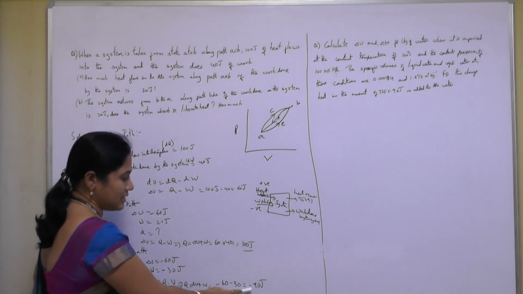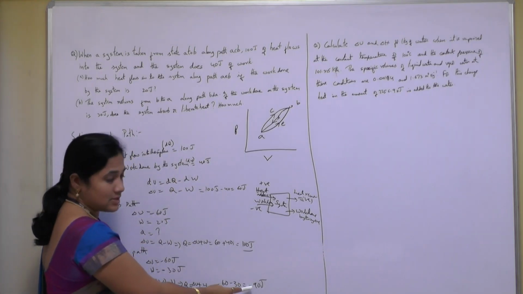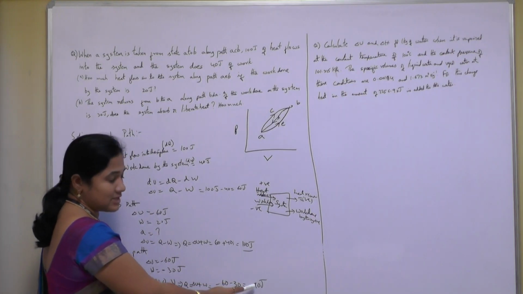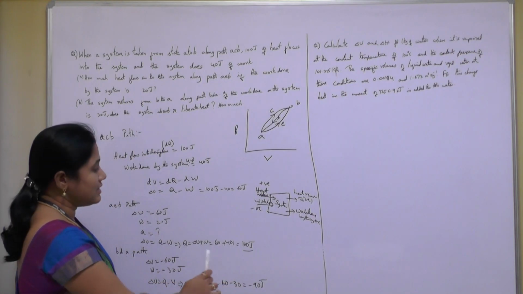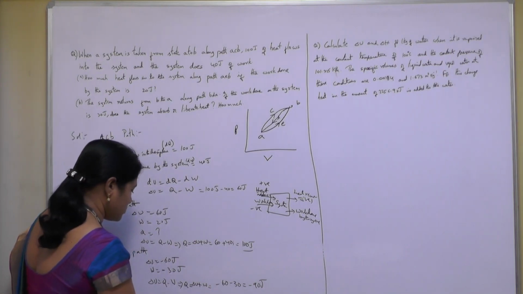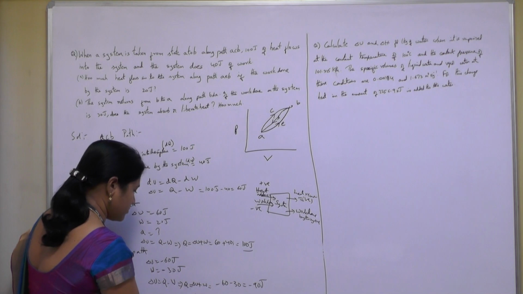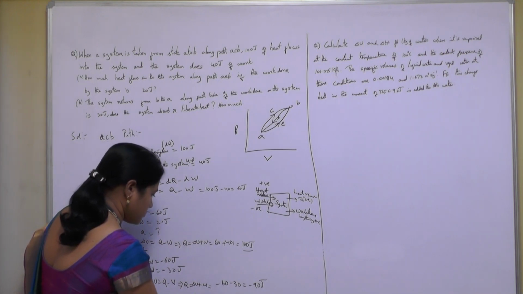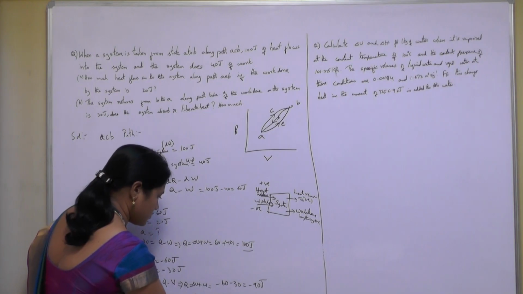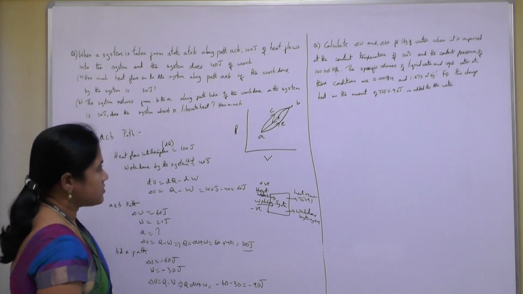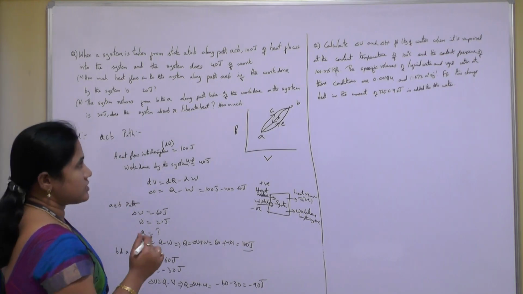The negative sign appears, which means heat is removed from the system. 90 joules of heat is removed from the system. So this is about the first problem.